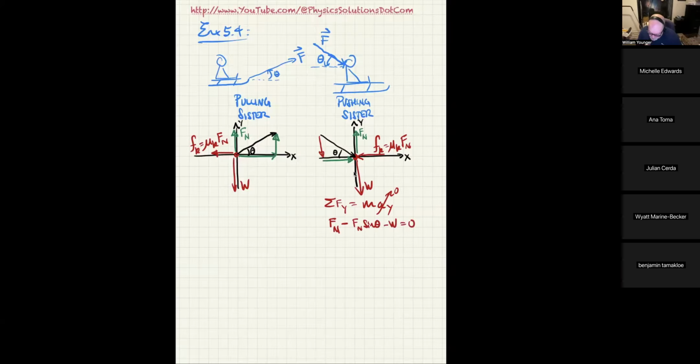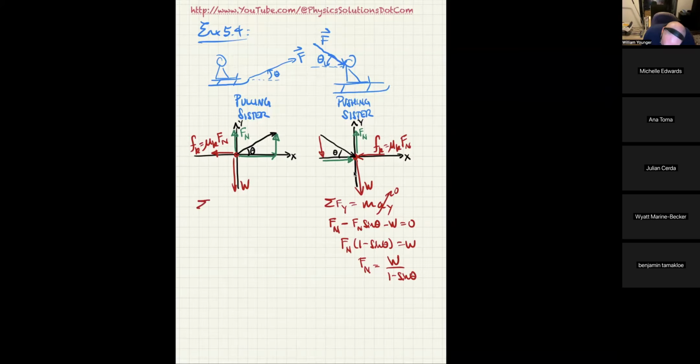So if we solve for Fn, we get Fn times 1 minus sine theta is equal to W, so Fn is equal to W over 1 minus sine theta. Of course, sine theta can only get as big as 1, but that would really be a problem. The main thing is you see that the normal force is definitely greater than the weight.